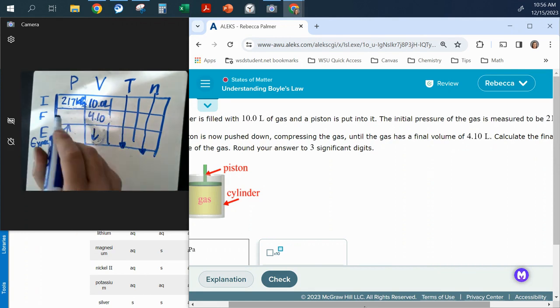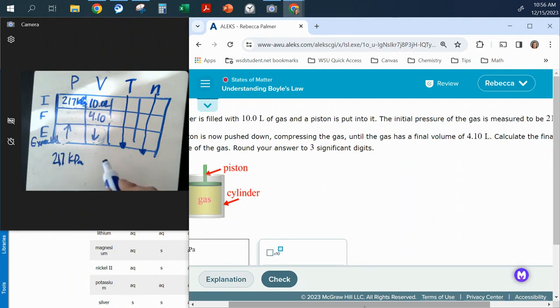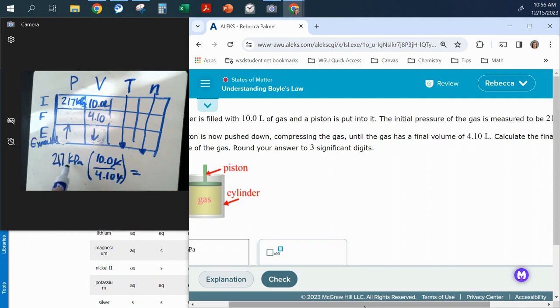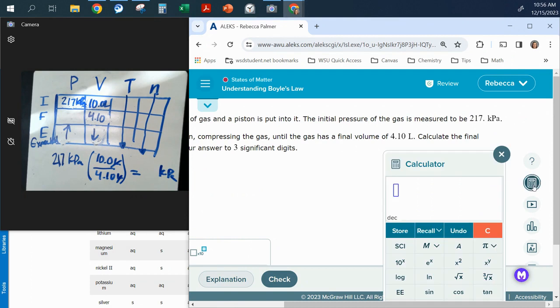Okay, so now I think this will work. Okay, so then we'll take our pressure. We need it to go up, so we're going to put the big number on the top. Liters cancels out, we'll get kilopascals. That's what our answer is asking for. And then we'll type that in to our calculator.